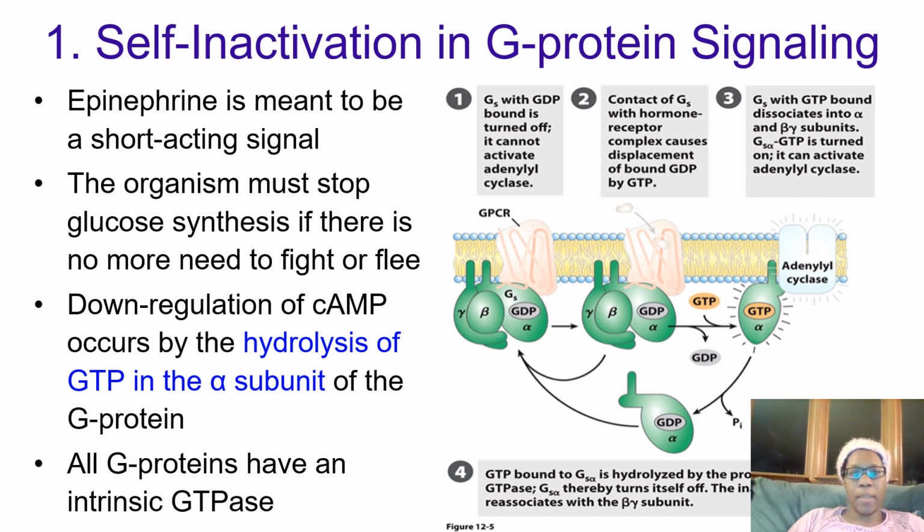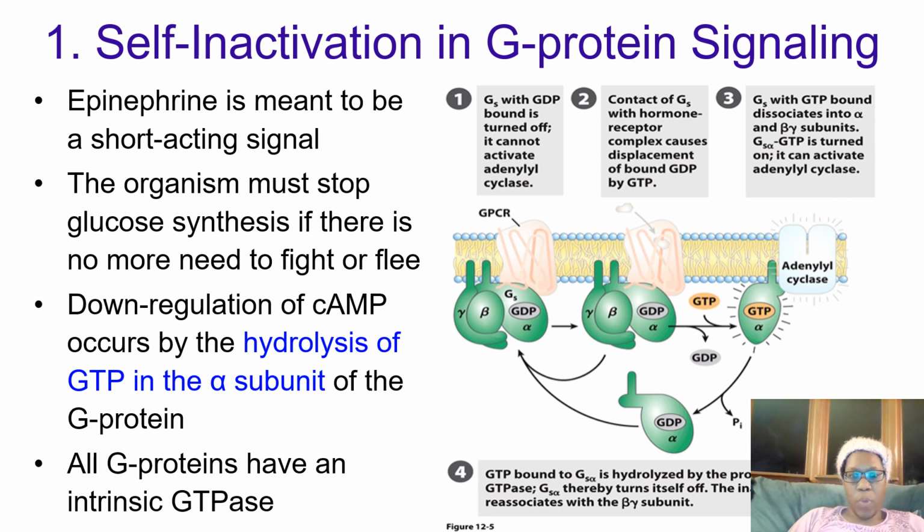Let's look at the mechanism of intrinsic dephosphorylation. Step 1 says that the Gs, or the stimulatory G protein with the GDP bound, is turned off. Usually, if there's no reason to fight or flee, there's a G protein receptor coupled to a G protein, and it has an inactivated G protein because GDP is bound.